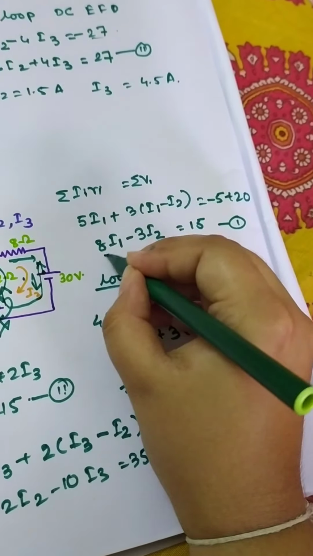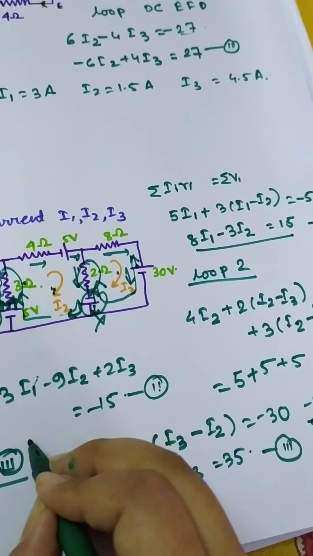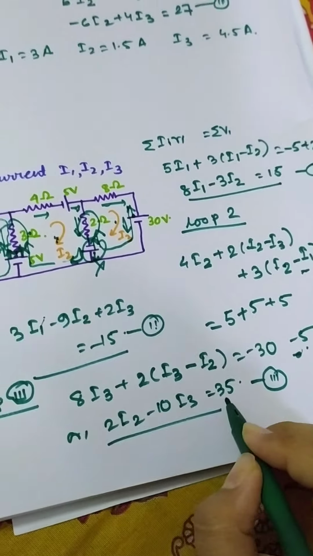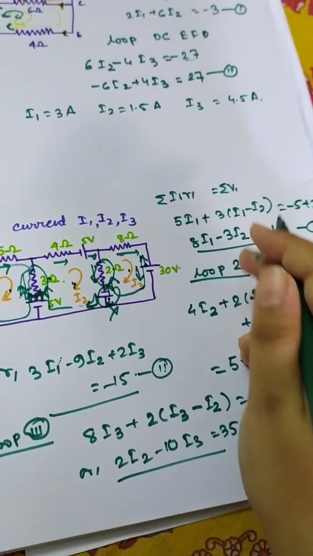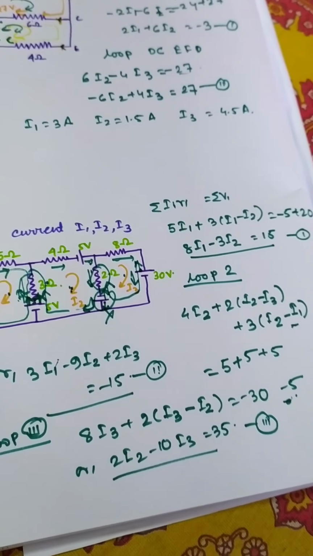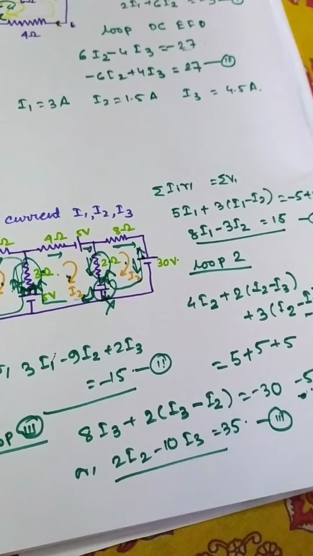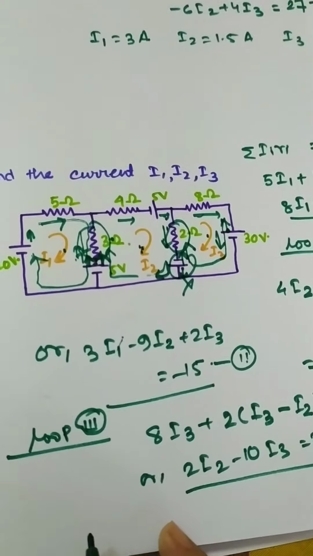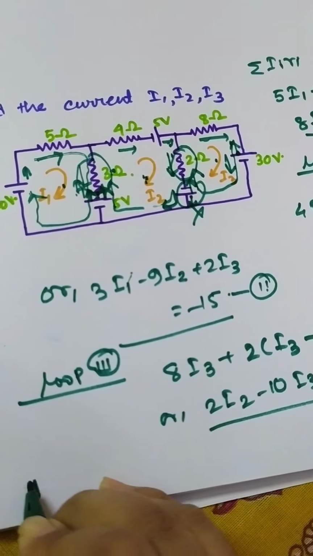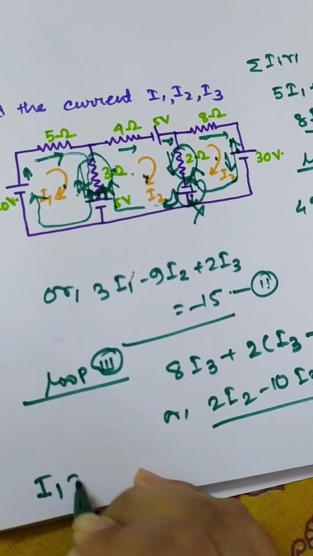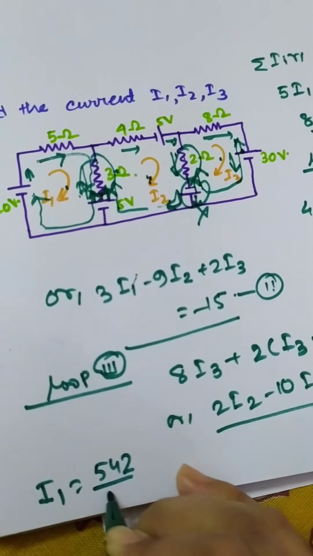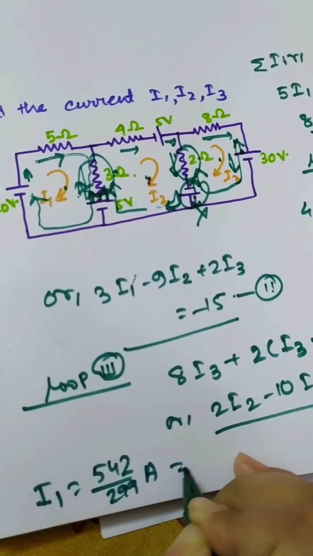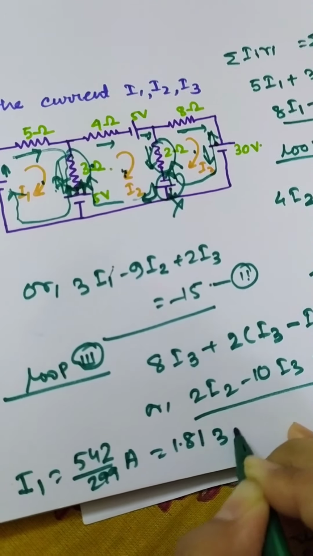So we got equation number 1, equation number 2, and equation number 3. By solving these 3 equations, we can get the 3 values I1, I2, I3. This is simple equation solving. So we will get I1 equal to 543 by 299 ampere, that is 1.813 ampere.